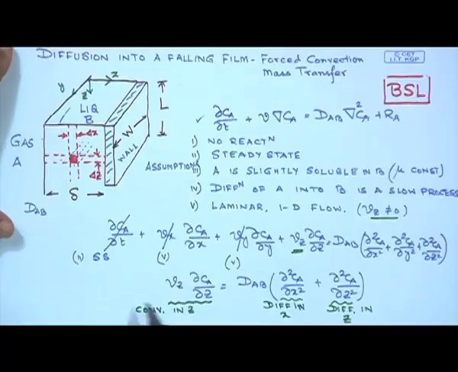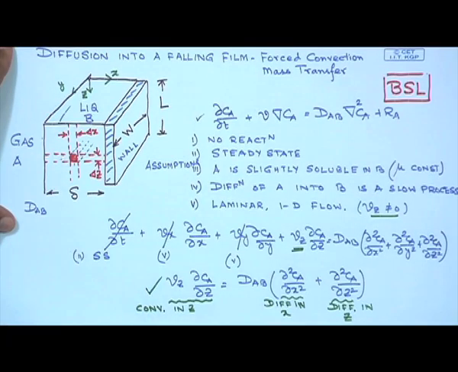There is substantial convection in the falling film because of the predominant velocity Vz in the z direction. So molecules of species A which are being absorbed in the liquid will travel towards the bottom at a high rate. So convection in the z direction can never be neglected. So the first term in here must remain in my governing equation.